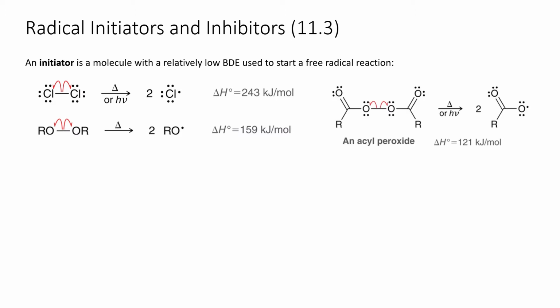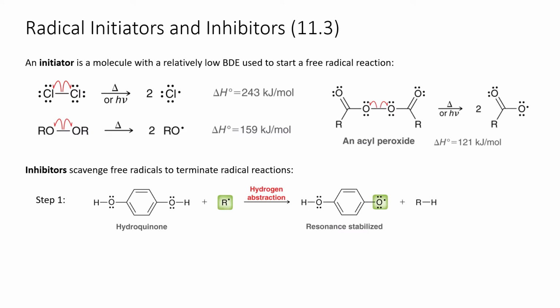So specifically, we can look at acyl peroxides. Again, we can either use heat or irradiated light, and so that will initiate and start that whole radical reaction. We also have inhibitors, which are basically scavengers of free radicals, and they actually terminate those radical reactions.